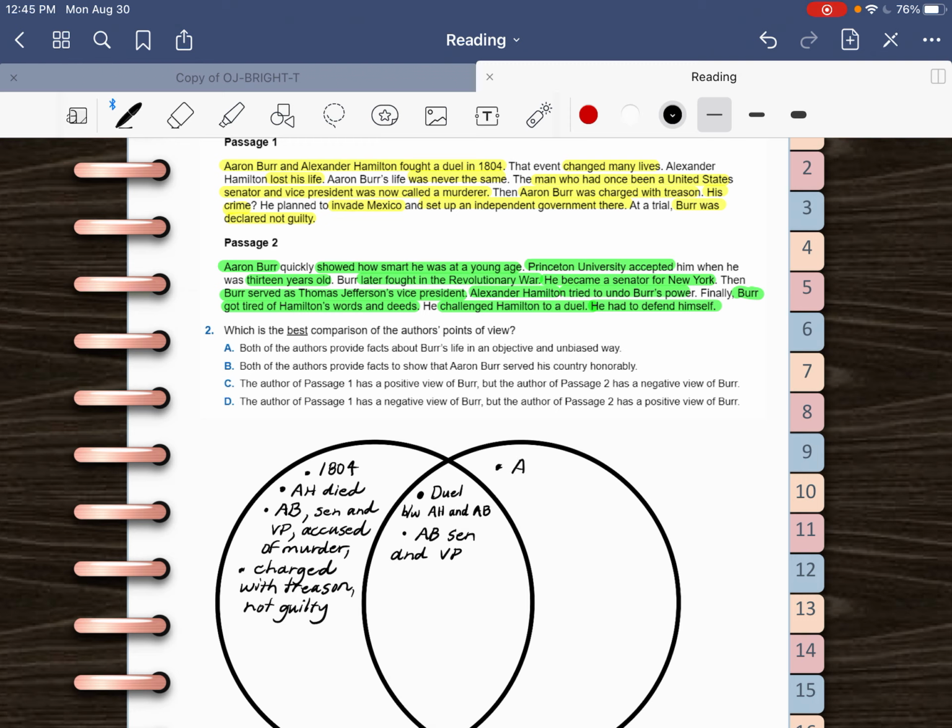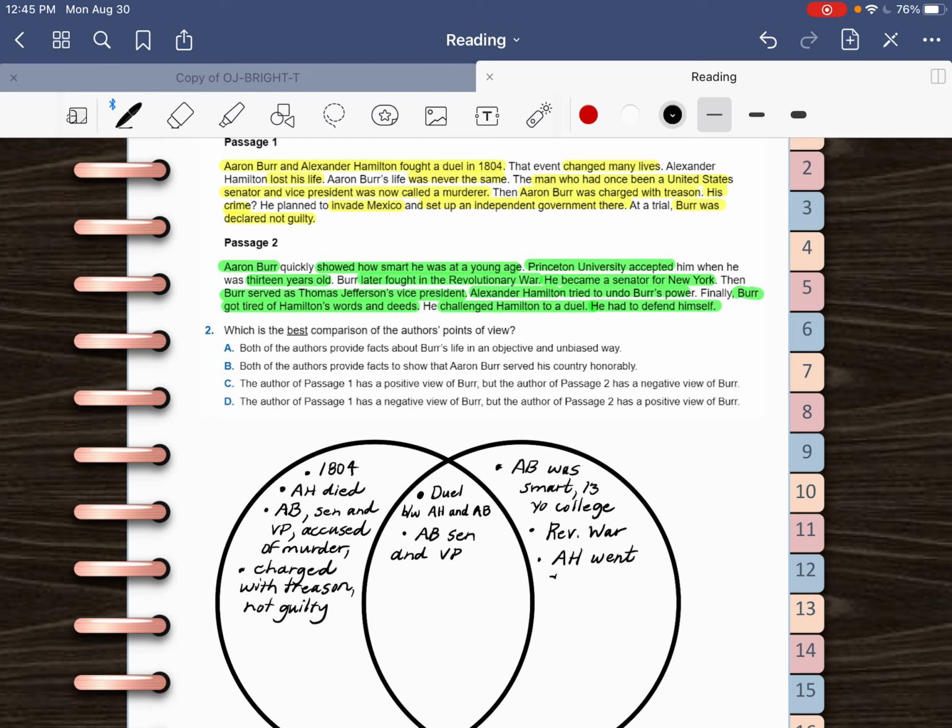Okay, the other passage talks about how intelligent Aaron Burr was. That he went to Princeton at 13 in college. He was a Revolutionary War veteran. He became a senator and vice president. We've got that in the middle. This says that Alexander Hamilton tried to undo Burr's power.